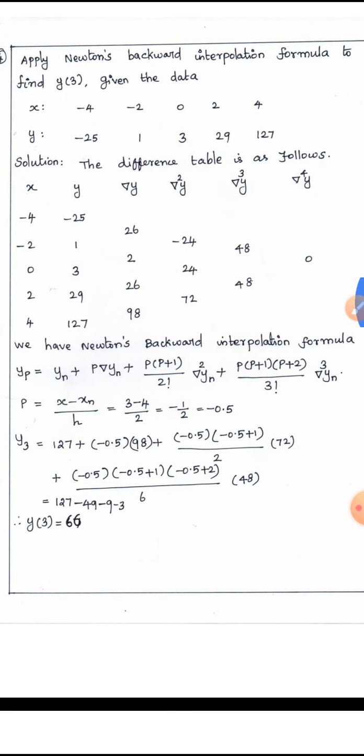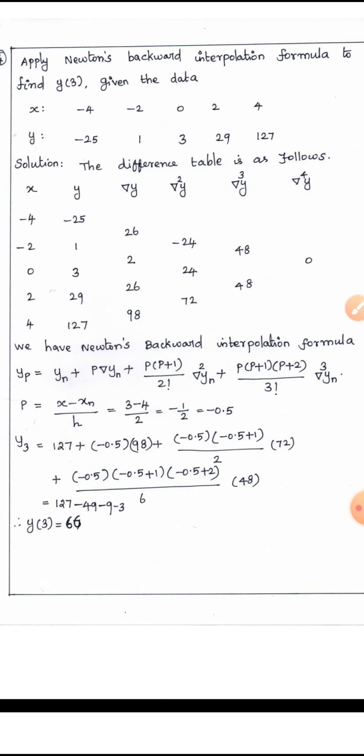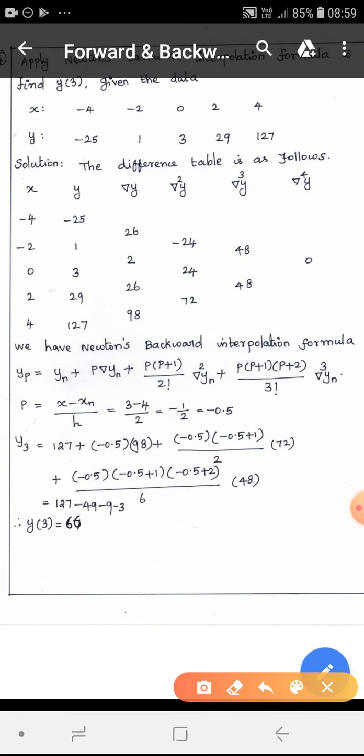Now for the backward difference formula, from the table we take only those values which are at the bottom of the column, means last entries of each column. So last entry of y is taken as yn, then del yn, del square yn, del cube yn. So here yn is 127, del yn is 98, del square yn is 72, del cube yn is 48.